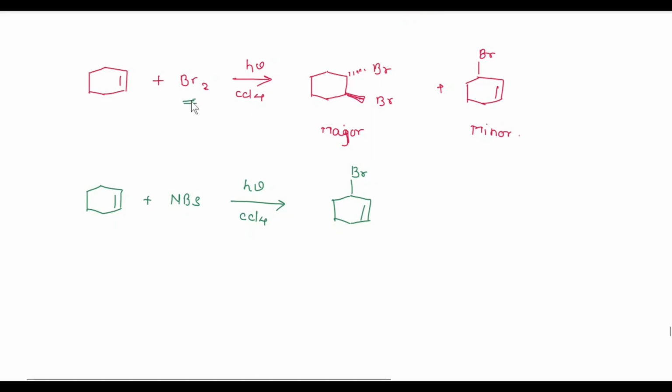The concentration of Br2 is high, so it gives the addition product as a major product. In this reaction, the concentration of the bromine intermediate is under control, so we get only the substitution product, that is, allylic bromination.